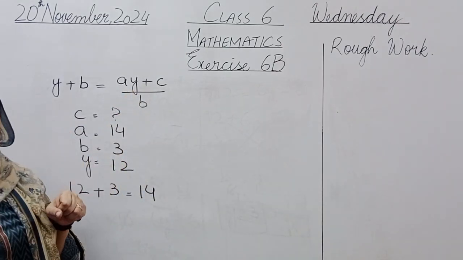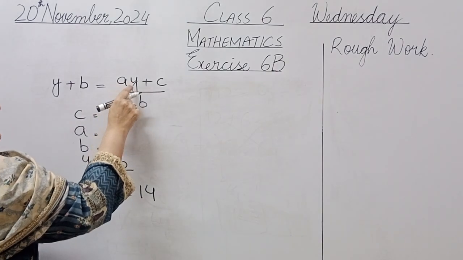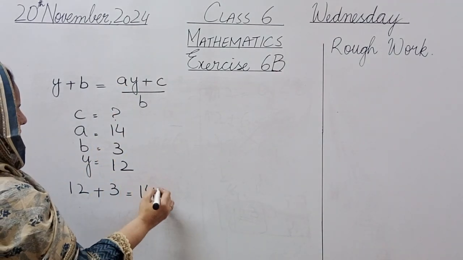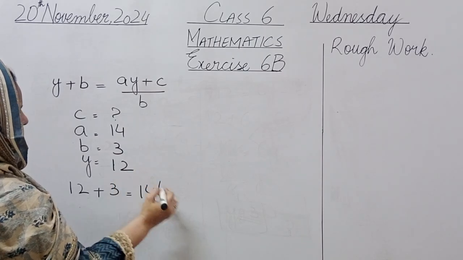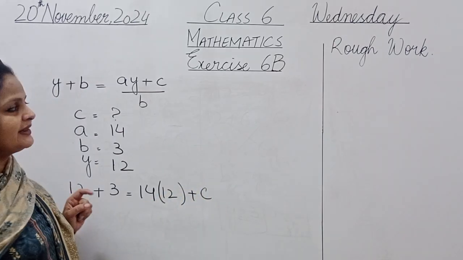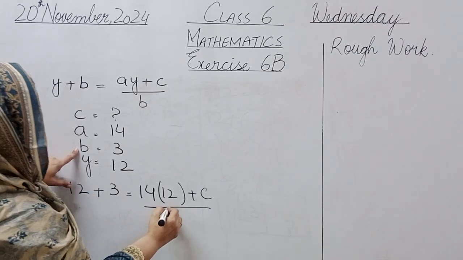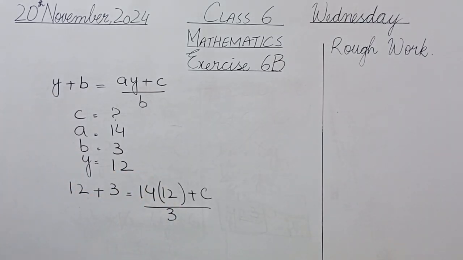Now it is ay. Very good, Subhan. We will multiply a with y. Simply 12 plus c, we have to find the value of c, which will be written as c over b. What is the value of b? 3. Clear up till now?